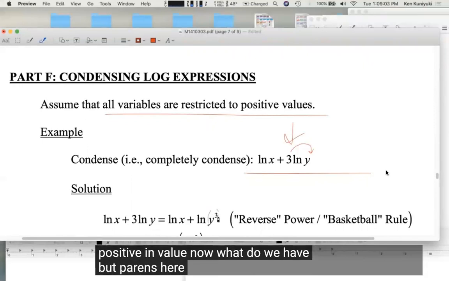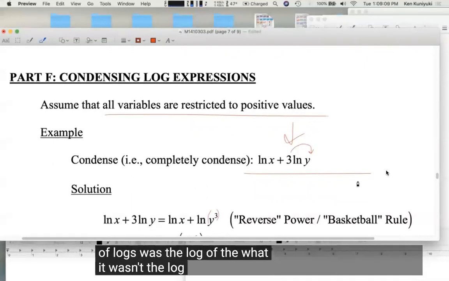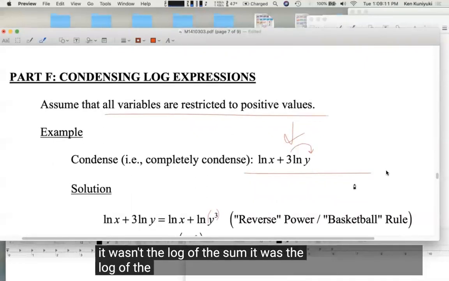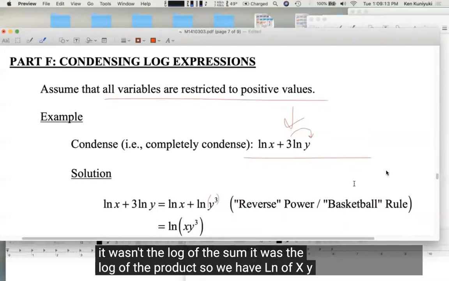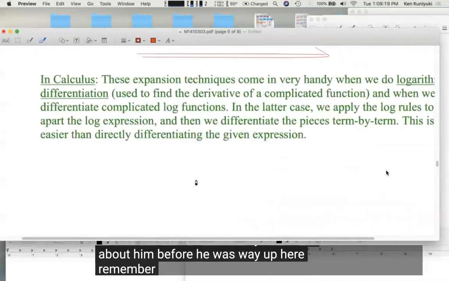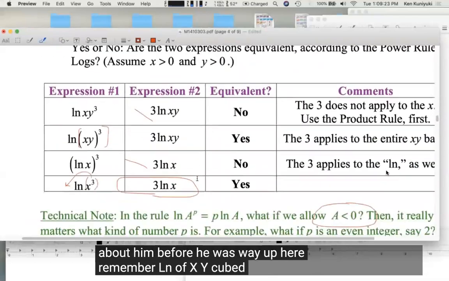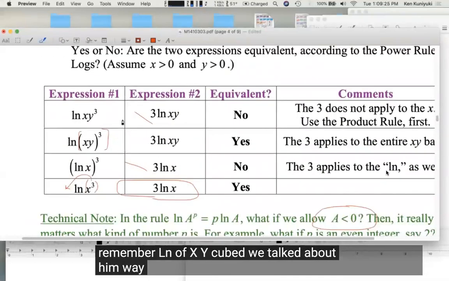I'll put parens here. The sum of logs. The sum of logs was the log of the what? It wasn't the log of the sum. It was the log of the product. So we have ln of x y cubed, and that's that. We talked about that before, way up here, remember?